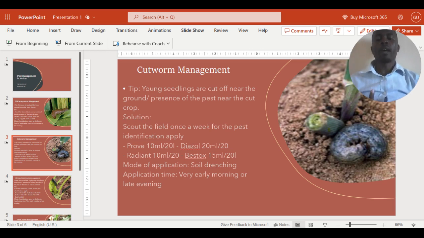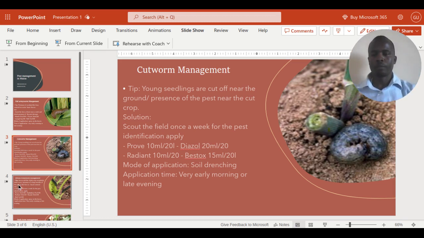Then if you observe that there is this pest within your crops, apply Proof 10 ml per 20 liters of water, or Radiant 10 ml per 20 liters of water, or Diazole 20 ml per 20 liters of water. Mode of application, you can apply through soil drenching. Then you apply very early in the morning or late in the evening.